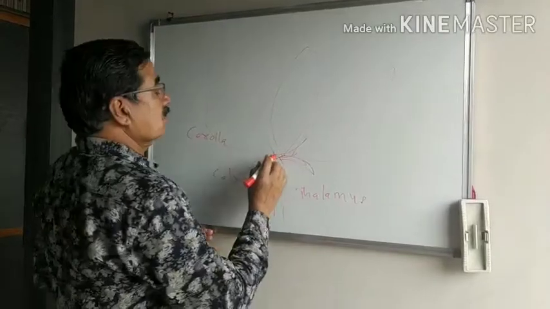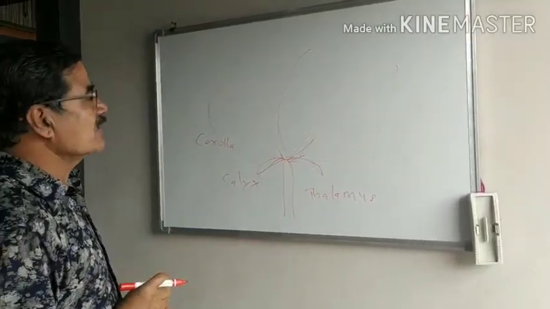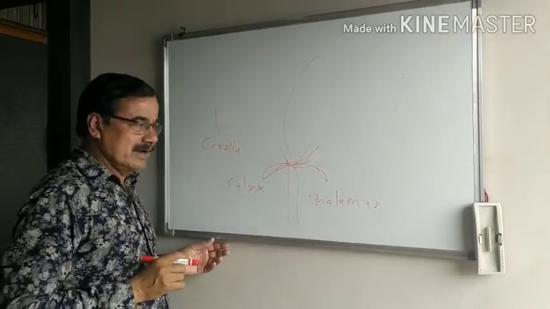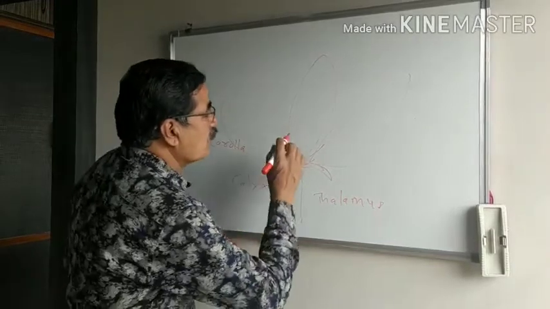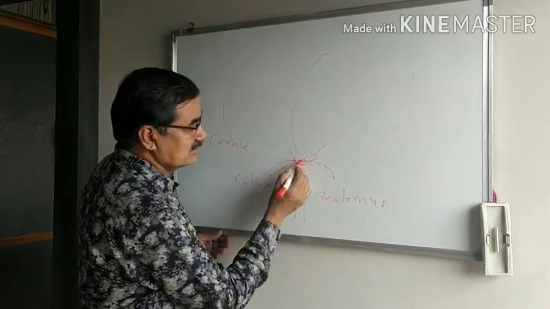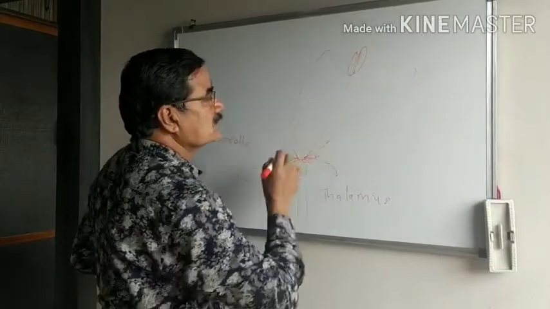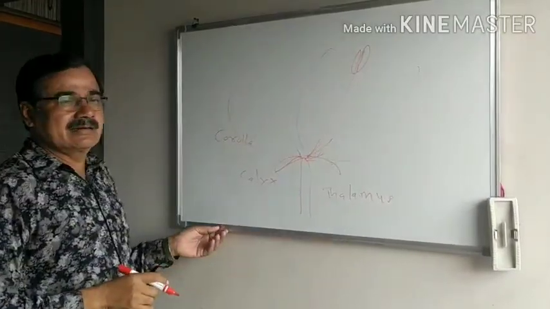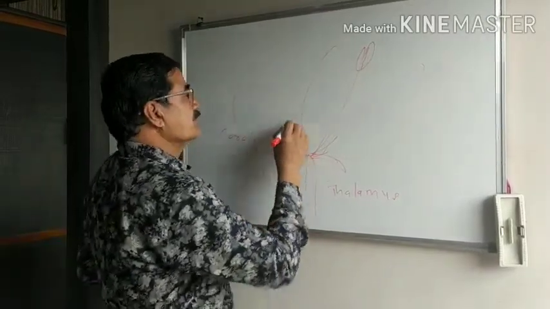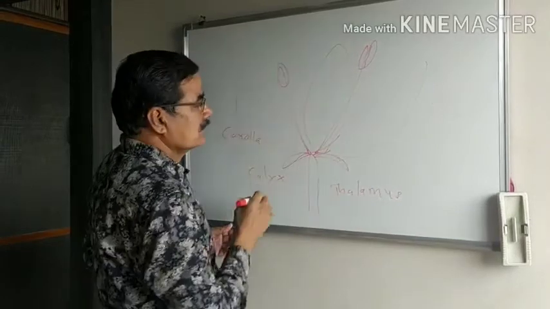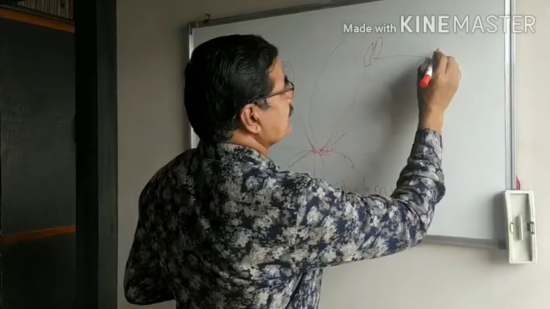The third whorl, that is the essential whorl, consists of the androecium and gynoecium. The androecium is placed next to the corolla in a third cyclic manner. The individual member of these androecium is known as the stamens.